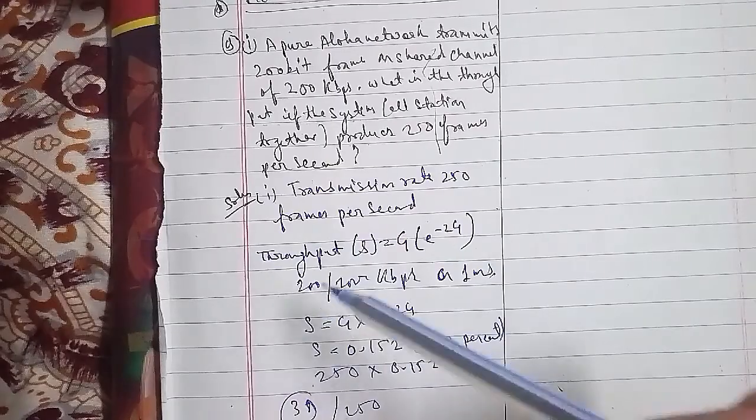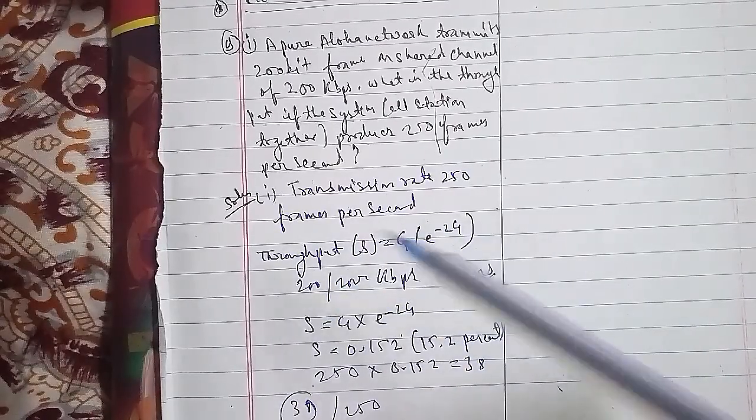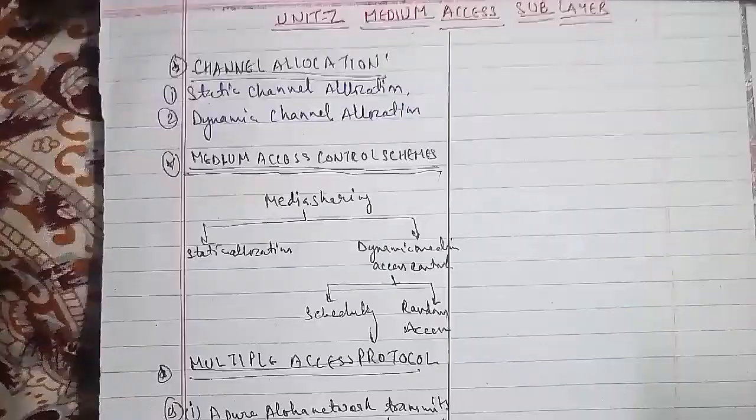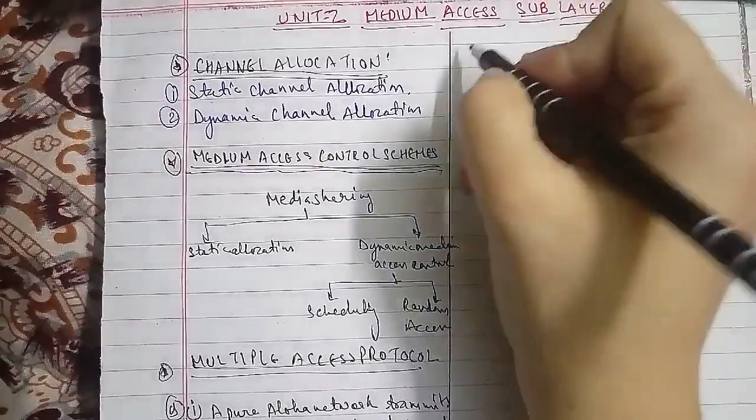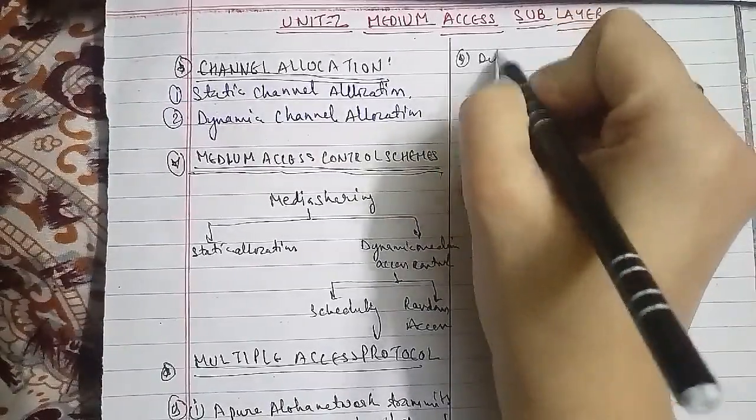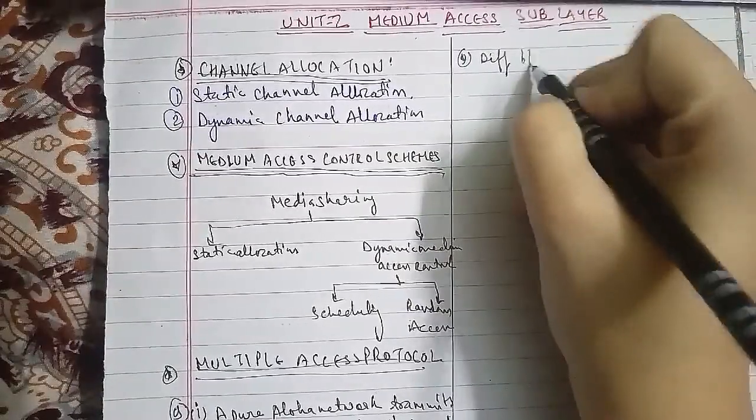For pure Aloha, frames are transmitted at arbitrary times, and for slotted Aloha, time is divided up into discrete slots, and the frame is sent at the start of a slot.